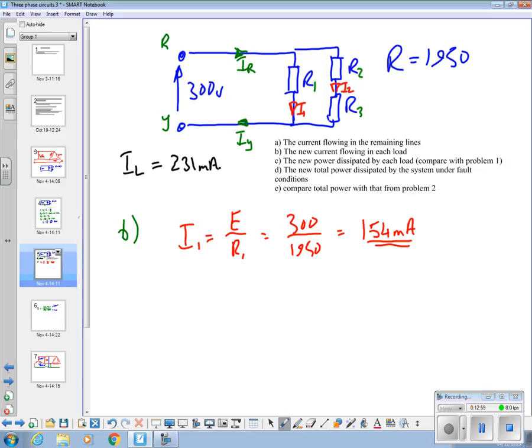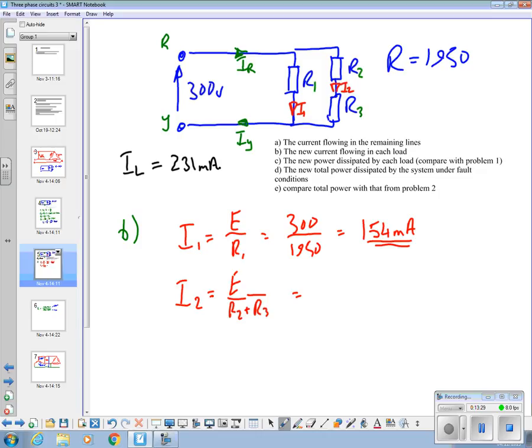I'll leave you to do I2. Right, where are we? How do we do that one? What do we get? I2 has got to be E over R2 plus R3. We might as well do it all in one go, mightn't we?